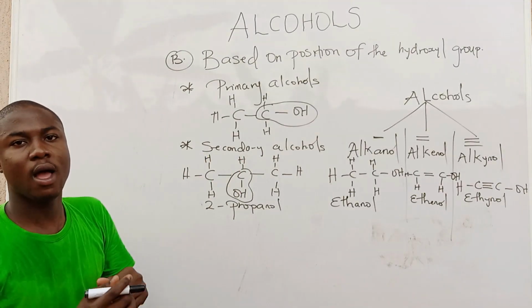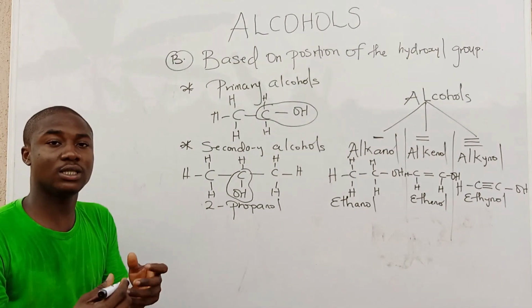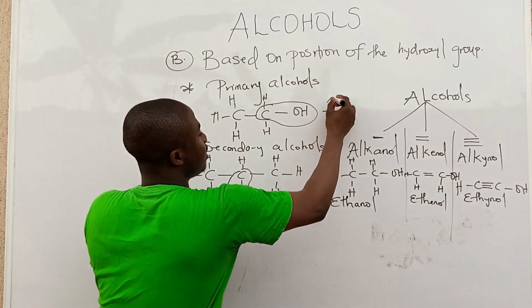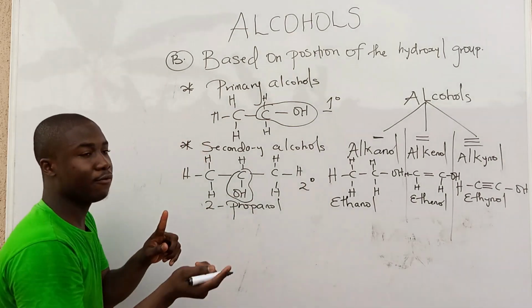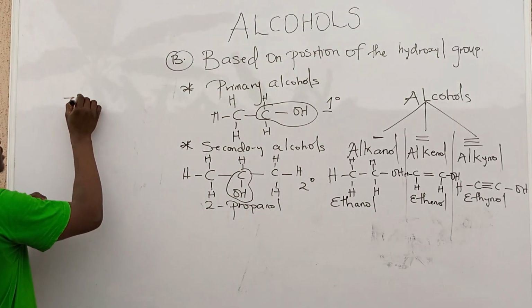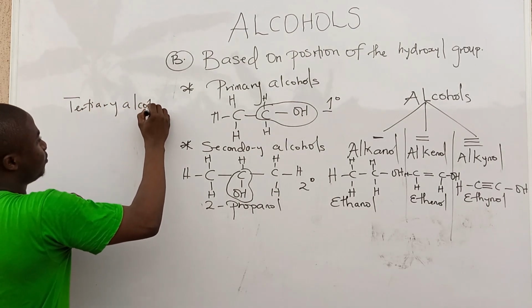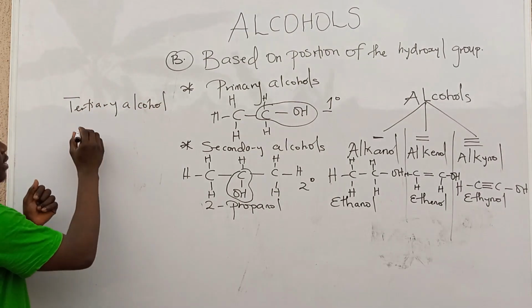so it is a secondary alcohol. Now coming down to the last part, which is the tertiary. If you want to represent a primary alcohol, it's represented as this. Secondary, this. For tertiary, we have the tertiary alcohols. Now look at this example.